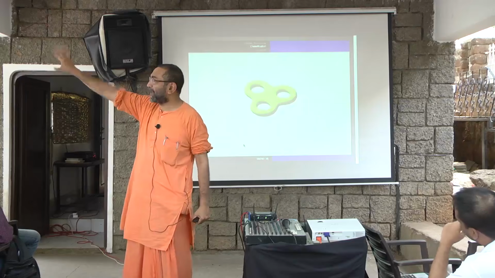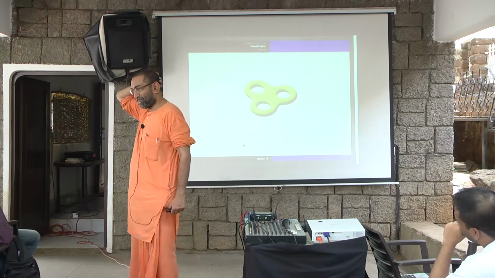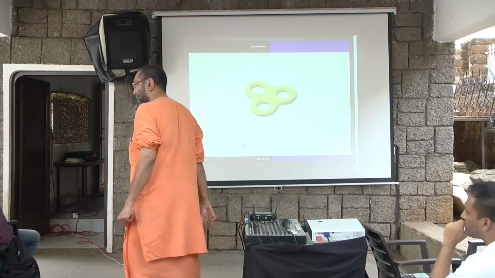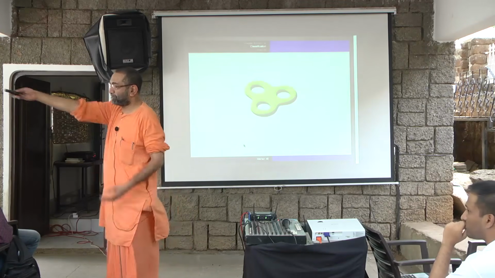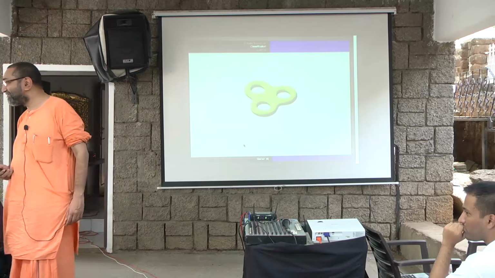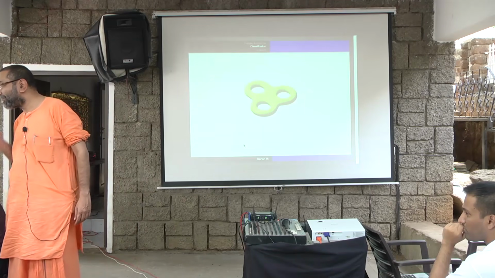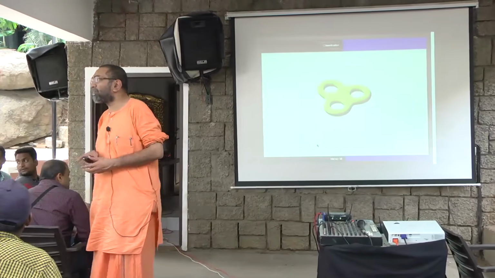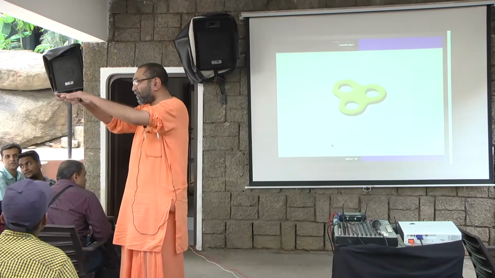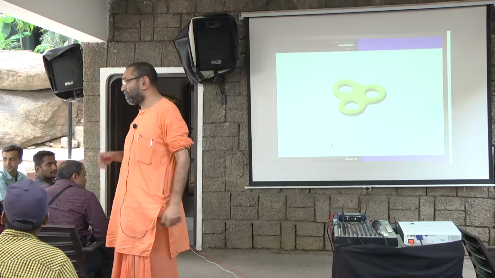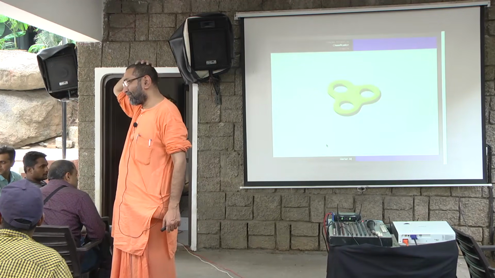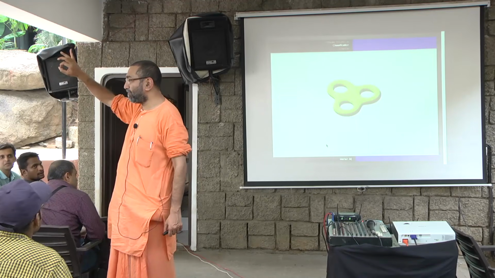Can you get it into just a ring? So if you can't get from 2 to 1, how can you get from 3 to 1? Yes, young lady here. You're allowed to fold, meaning you're allowed to bend. Yeah. So into one ring.